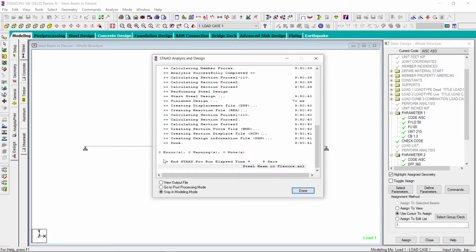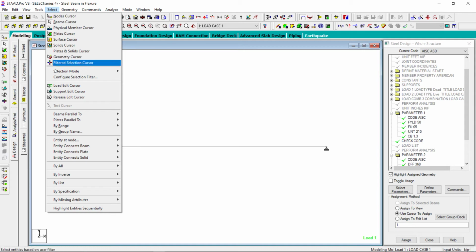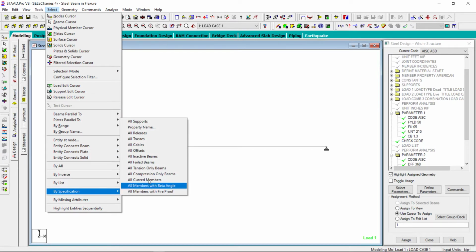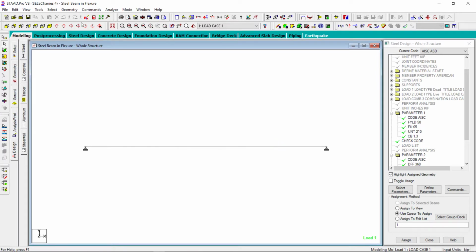Analysis done. No error, no warning, no notes. Let us stay in the modeling mode. Let us select by specification all failed beams. No beam fails. That means this beam qualifies even under this condition.